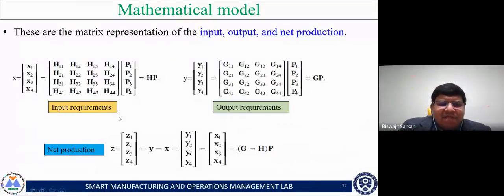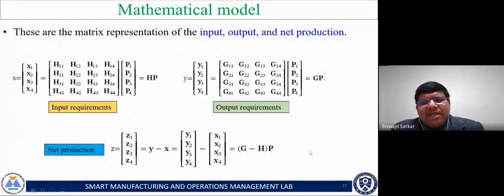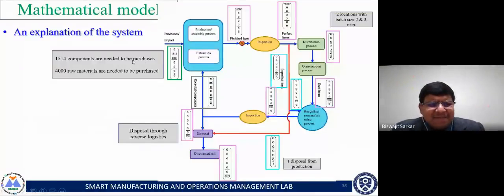But whenever we calculate this for the net production, please check, we are counting Z1 to Z4 as Y minus X. Y minus X is the output requirements minus the input requirements. So there is some chance for net production to come out negative, because if you send a very small amount of raw material, automatically the production will be reduced.